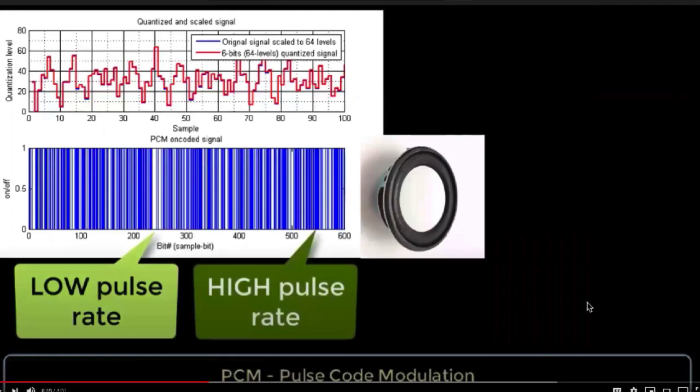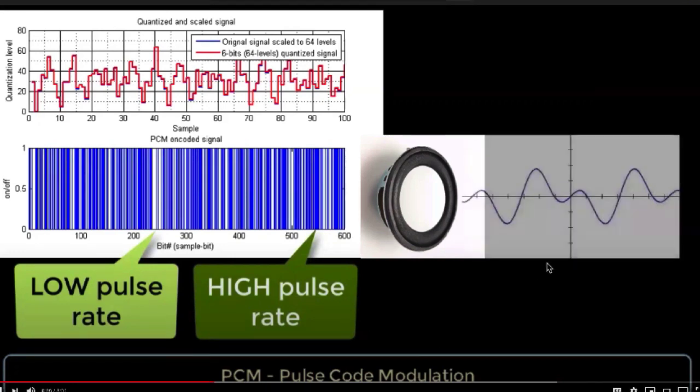So when we use this so-called pulse code modulation, it generates on and off at a very high frequency. Then if you push the speaker, it will generate the same sound wave as we want. So when we hear it, we hear a higher pitch. As humans, we are fooled by this sound wave.